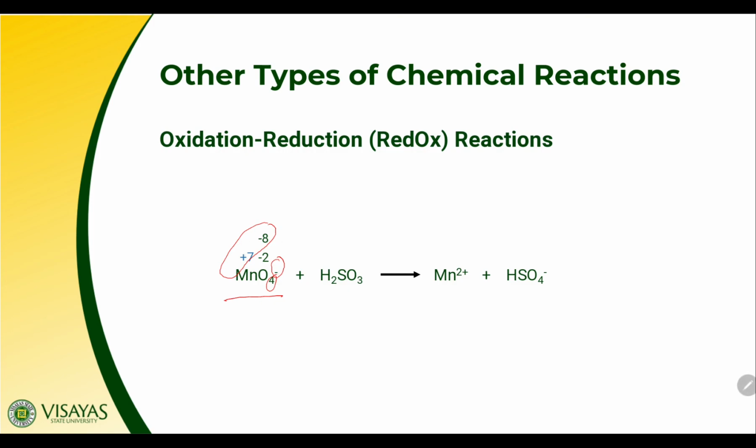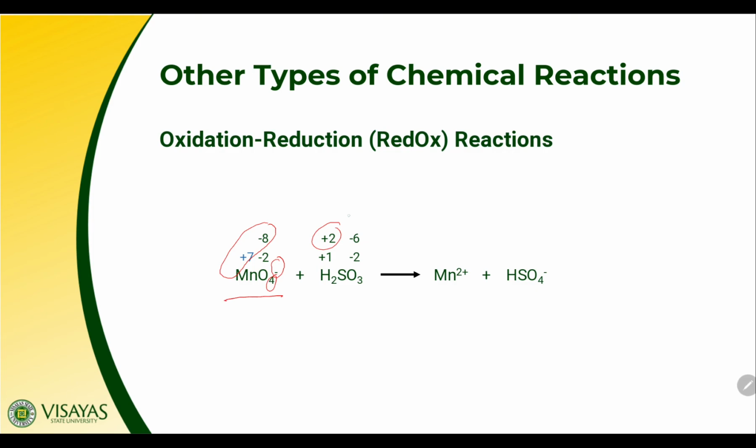Okay, for the sulfurous acid, we know that hydrogen has a positive 1 oxidation number. Since we have 2 hydrogen atoms, we have a positive 2 total for the hydrogen in this compound. For the oxygen, we know that it's negative 2, and since we have 3 oxygen atoms, we have a negative 6 total.